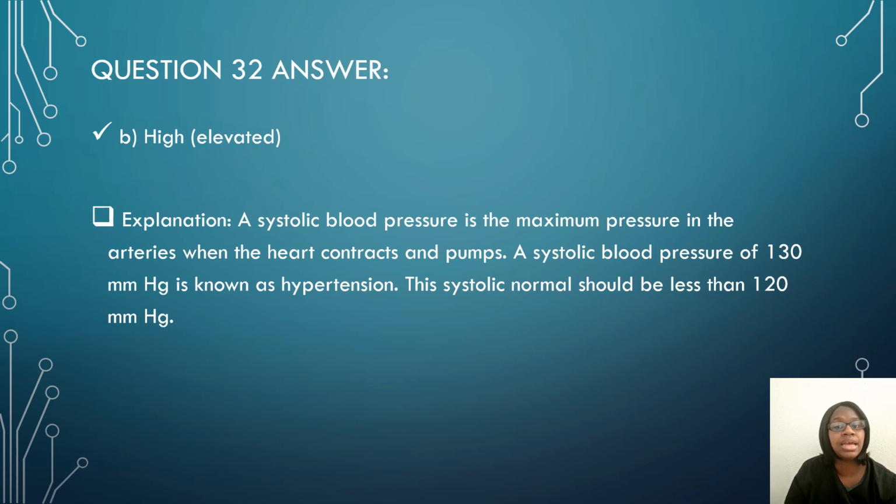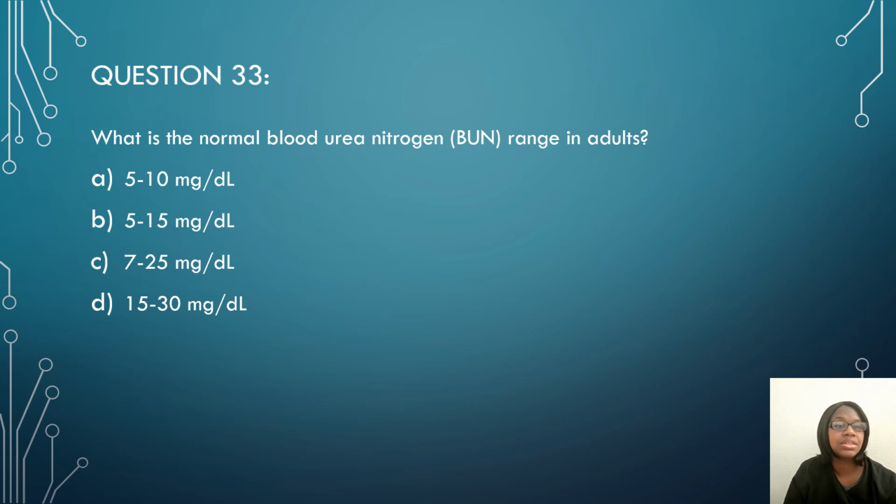So anything that is 130 or higher, that's known as hypertension. Once again, this is medical. Numbers are always changing. Question 33. What is the normal BUN range in adults? I'll give you a little bit of time to think.